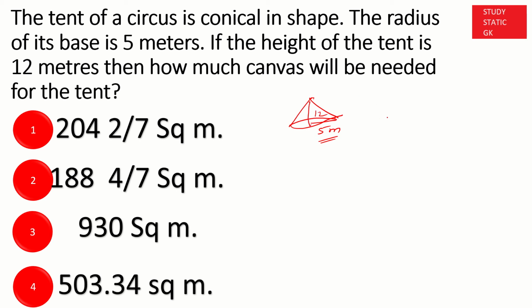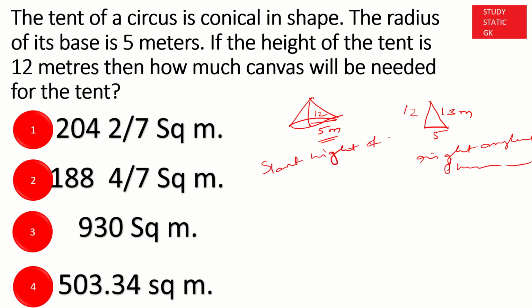So here, of course, whenever you see this is 12 meters and this is 5 meters, this is 13 meters, right? Because it's a right angled triangle, Pythagoras theorem. So the slant height of the cone is nothing but 13 meters.